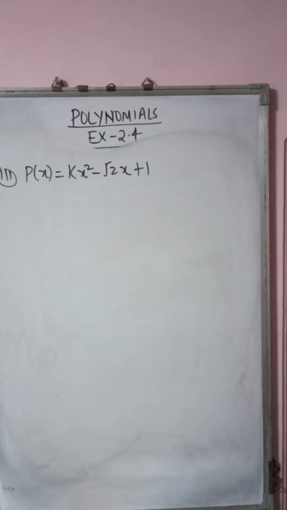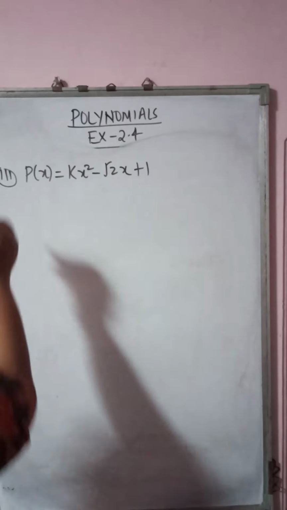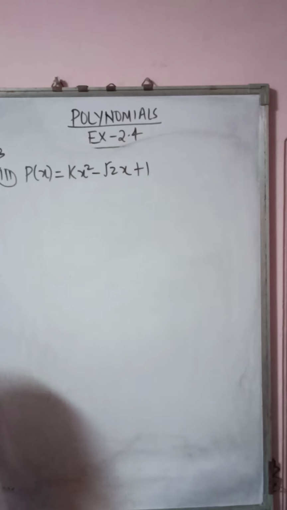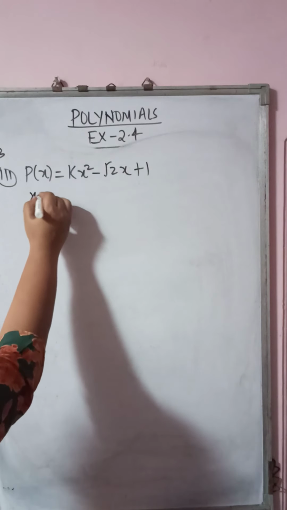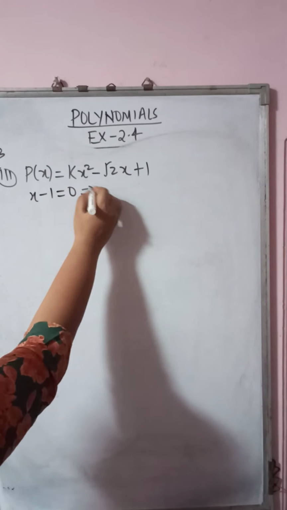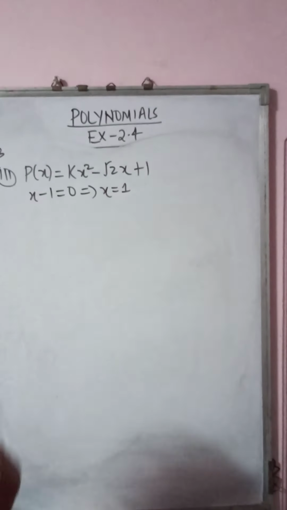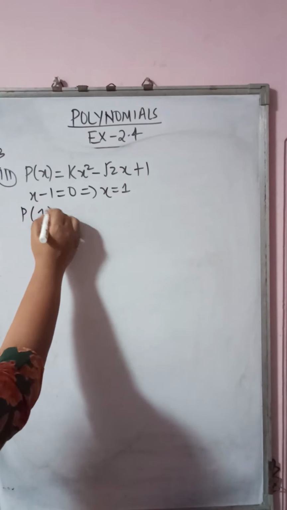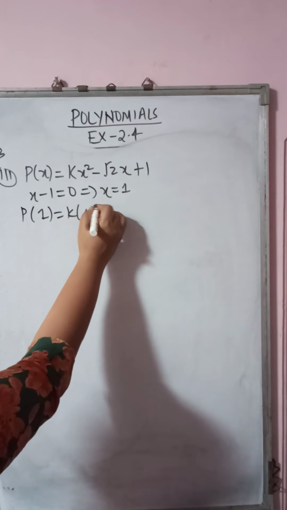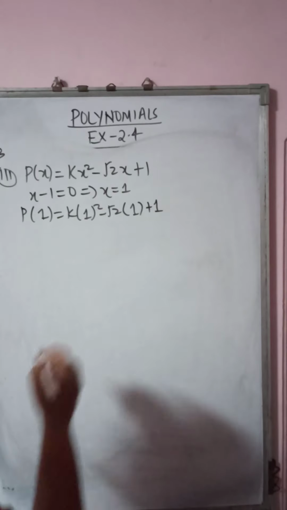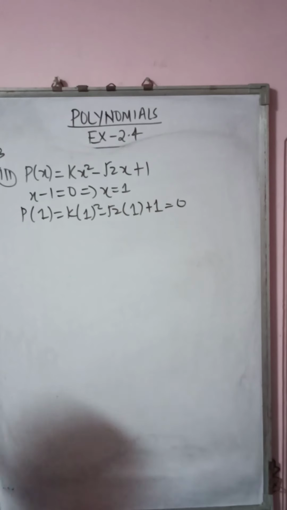Okay, so question number 3, third part. Again, what we have to find? Whether x minus 1 is a factor. So x minus 1 will be equal to 0. This implies that x will be equal to plus 1. Now put in the given polynomial. So p of 1, k into 1 square minus root 2 into 1 plus 1 and equate everything with 0.